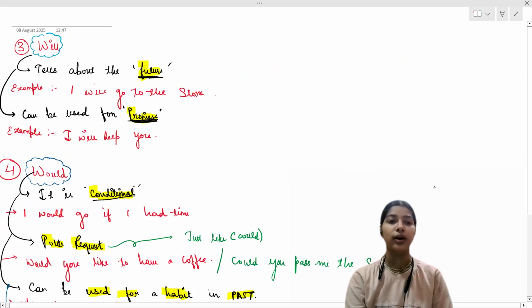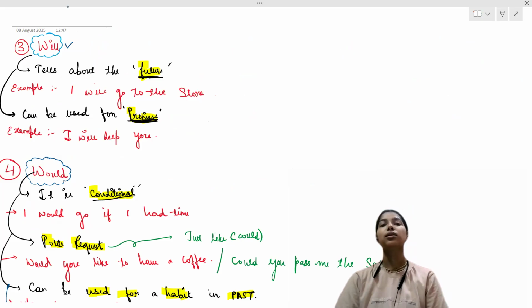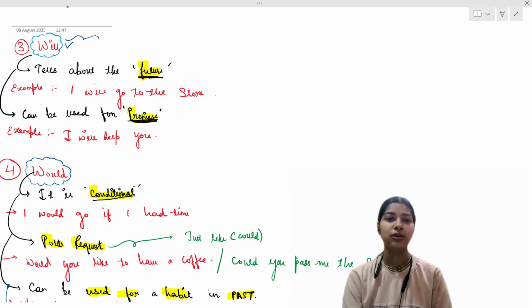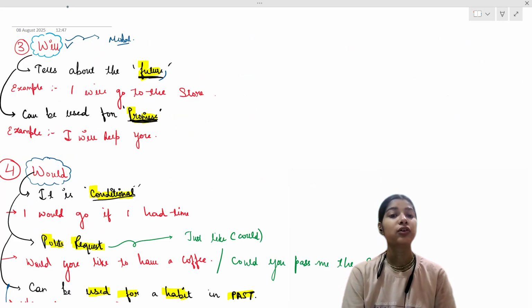Next is will. We use will in everyday sentences, but do we know that it is a modal? Now we know that will is a modal, right? Will is a modal. It tells about the future.